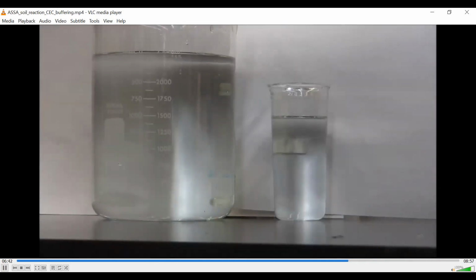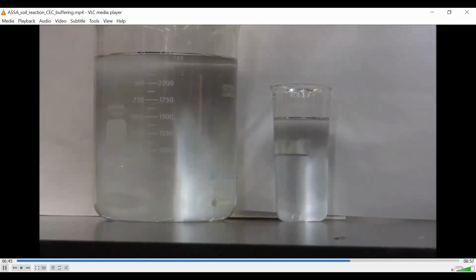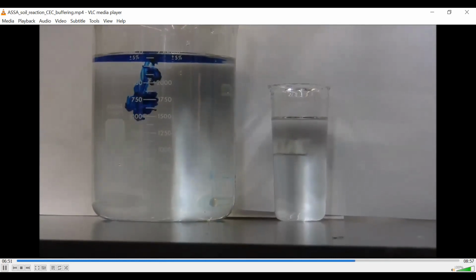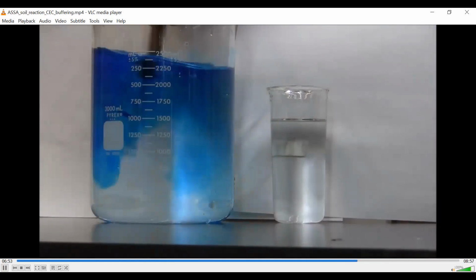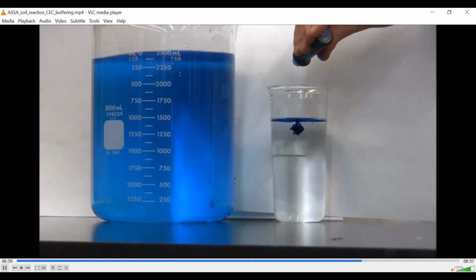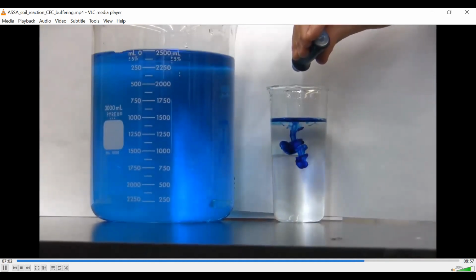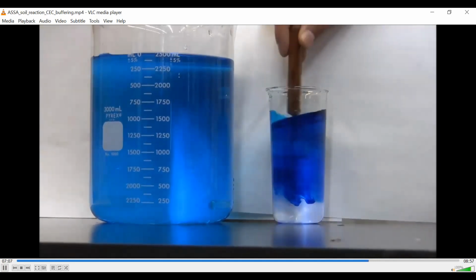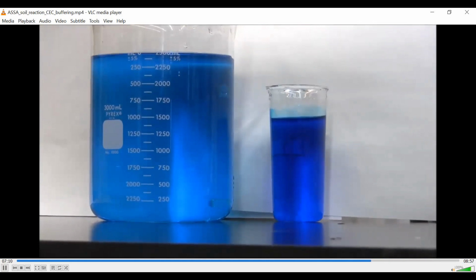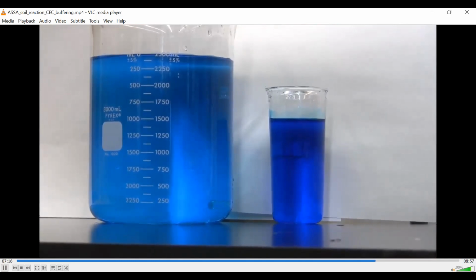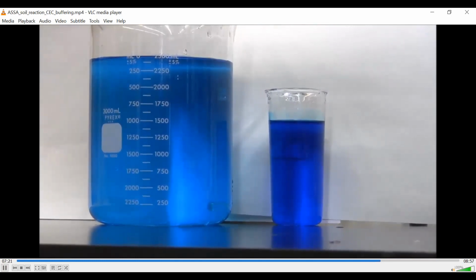In this example, if we add 5 drops of food coloring to the large beaker, and if we add 5 drops to the smaller beaker, you can clearly see that the larger beaker has a better resistance against the change of pH because of the lighter color, whereas the smaller beaker is very dark blue, showing that it can't really resist the change of pH.